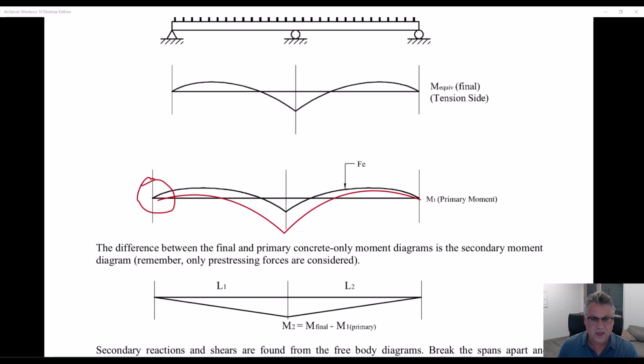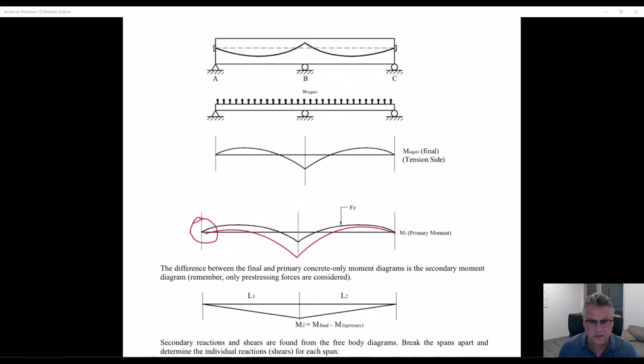The difference has to be the secondary moment diagram, the secondary effects. That's why this equivalent load method is so powerful. I can just go straight to the final equivalent load moment diagram, the final pre-stressing moment diagram, subtract out the primary from the final, and get the secondary.